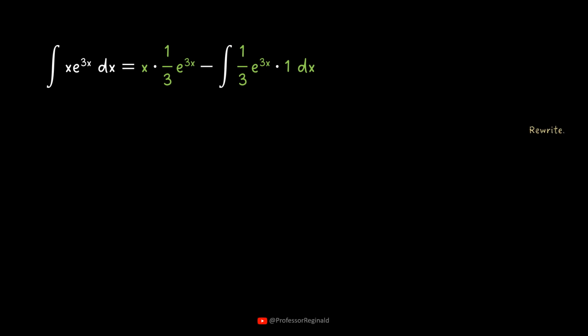Next, rewrite the expressions to get a better look at the integral. The original integral now consists of a product term and an integral which is simpler than the original integral. Integrate the remaining integral, which has already been computed from the previous page.